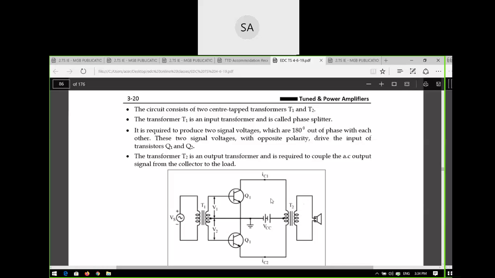At a time only one transistor conducts, and the output transformer couples these two outputs. IC1 plus IC2 gives a full cycle at the output side. Is it clear? One half cycle is generated by Q1, the other half cycle is generated by Q2. Due to the coupling transformer, the overall circuit is coupled.